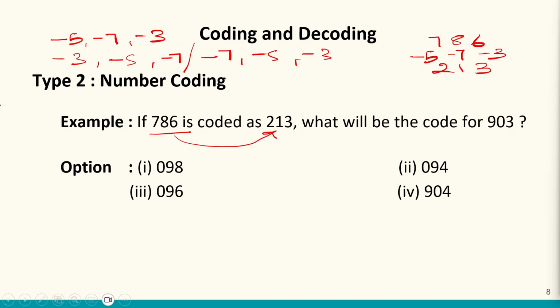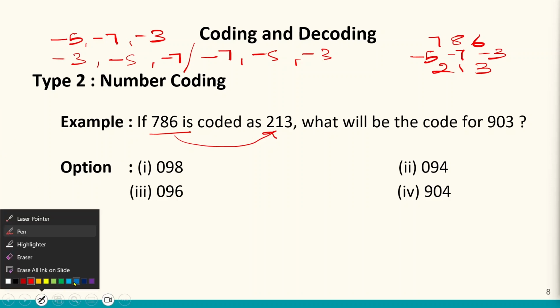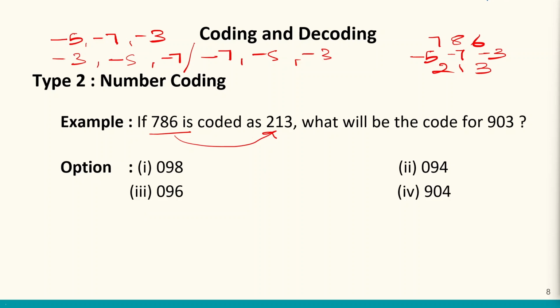So this does not necessarily follow any logic. So let us try to solve it in a different way. I can see that if I write 999 over here and subtract it, I'll get 2, 1, and 3. That means each of these digits is being subtracted from 9.